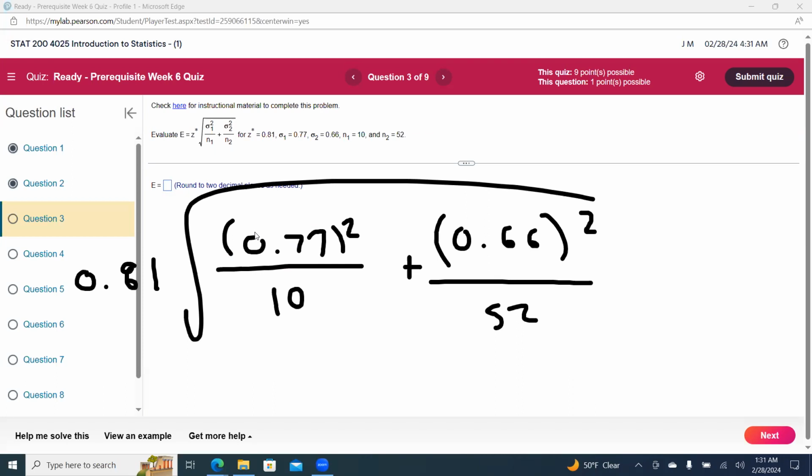You do it in pieces. You don't have to type it in all at once, but it's okay to type it in all at once. So 0.21.